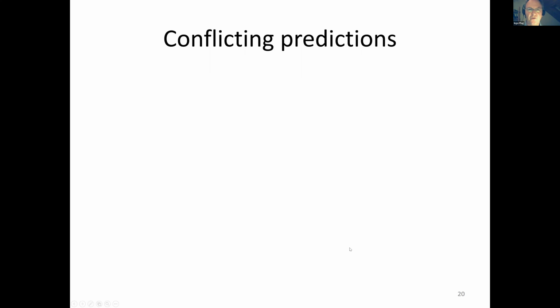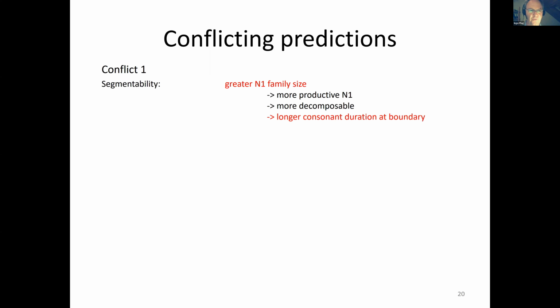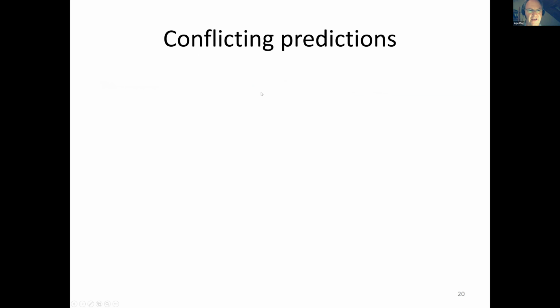And there are many interesting things that can be predicted through these families. But I want to focus on conflicting predictions here because they are the most interesting ones. So the first conflicting prediction is the one where the segmentability account would say the greater the N1 family size, the longer the consonant duration should be. How does that work? If you have a great N1 family size, I go back quickly.